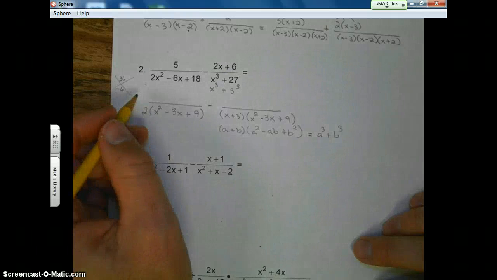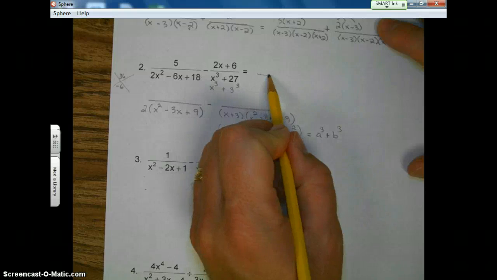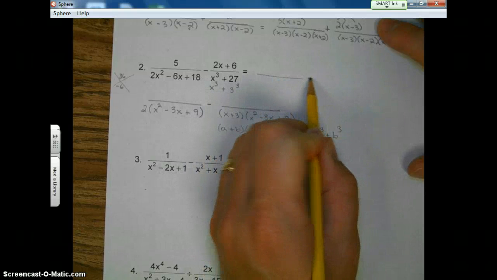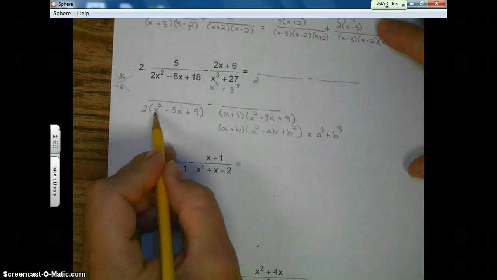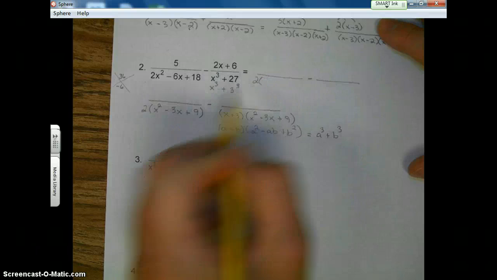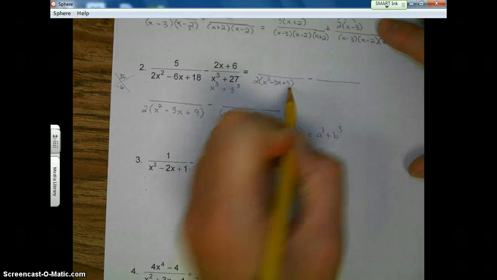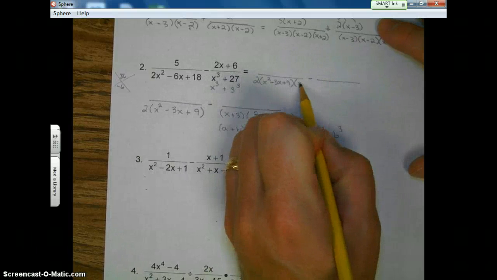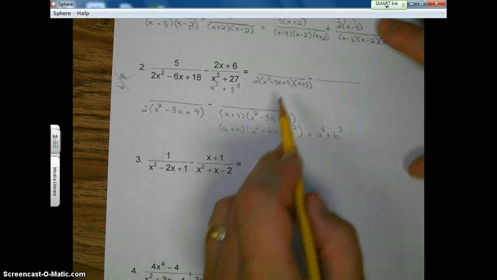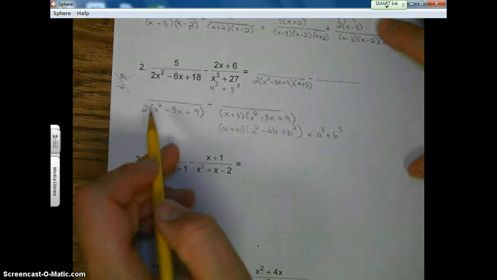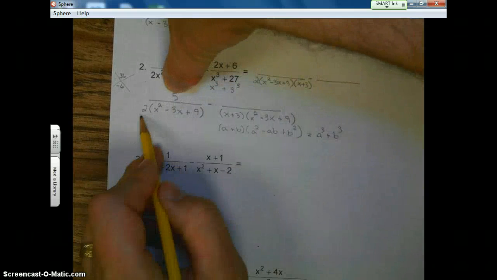So, getting a common denominator. Do that right up here. We need a 2. We need an x squared minus 3x plus 9. We need an x plus 3. And we already have that. So for this numerator here, we already have the 2.